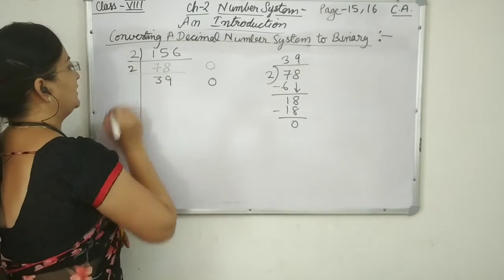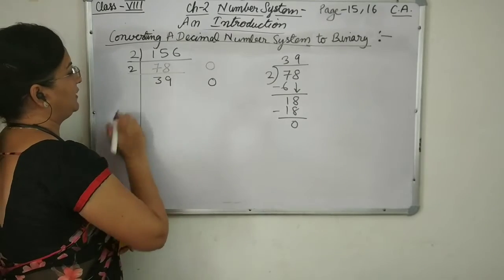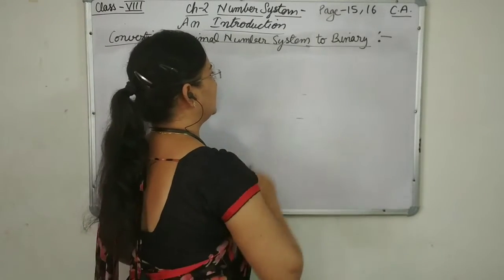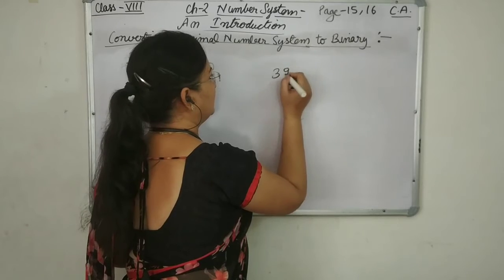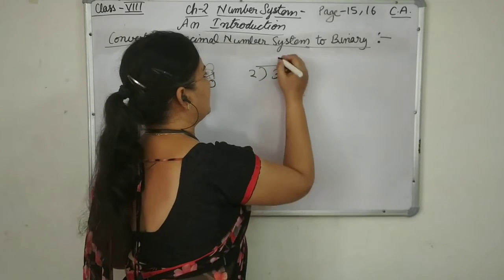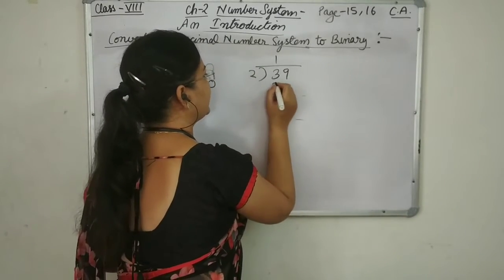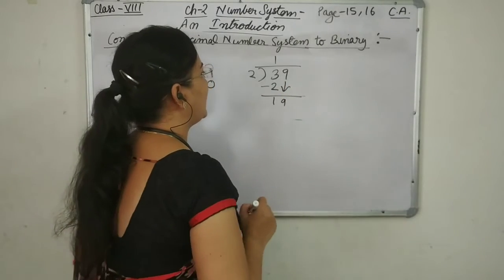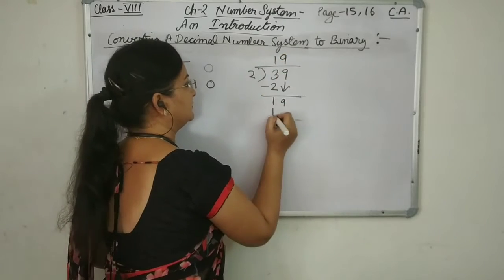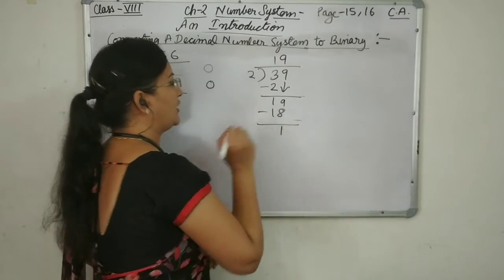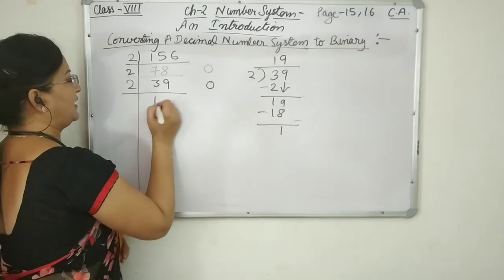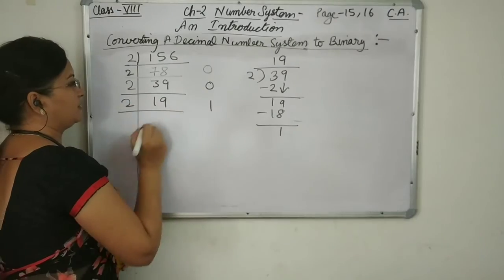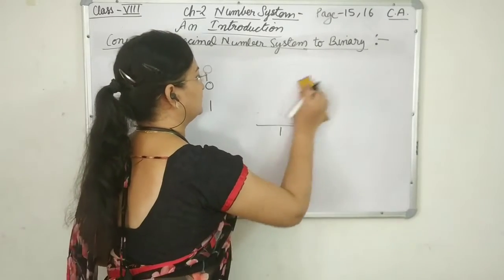Then again we divide 39 by 2. 2 ones are 2, so 1, and 9 here. Then 2 nines are 18, remainder is 1. So here 19 and remainder 1. Now again divide 19 by 2.